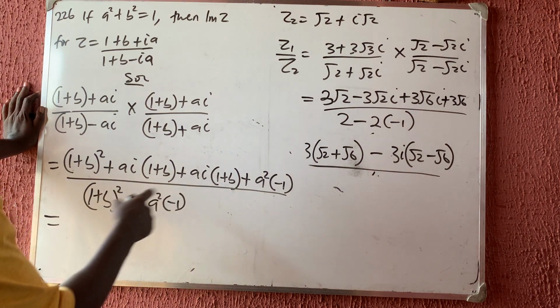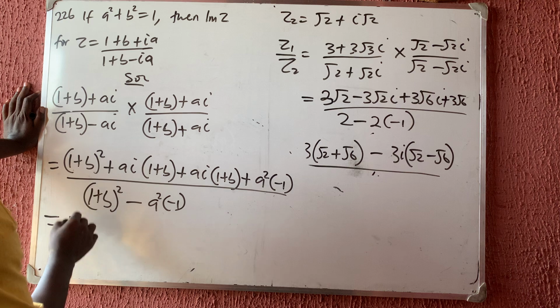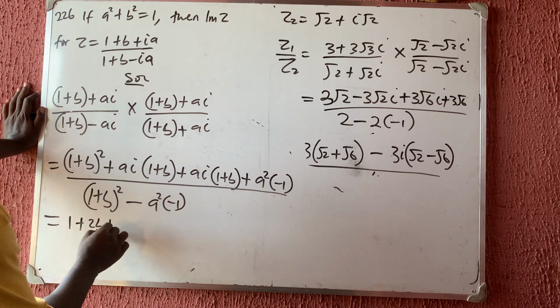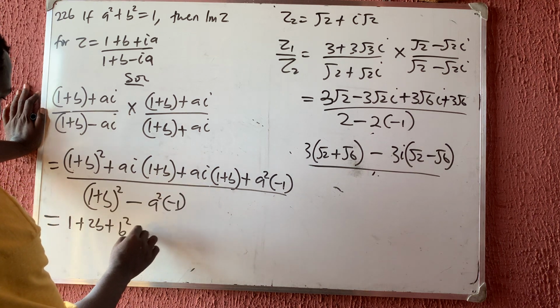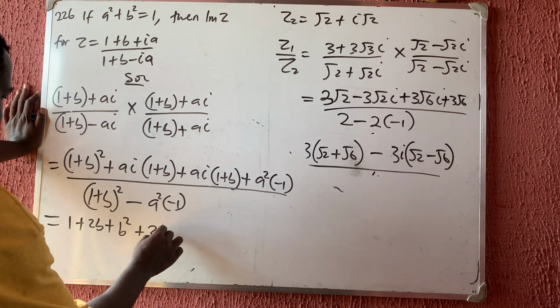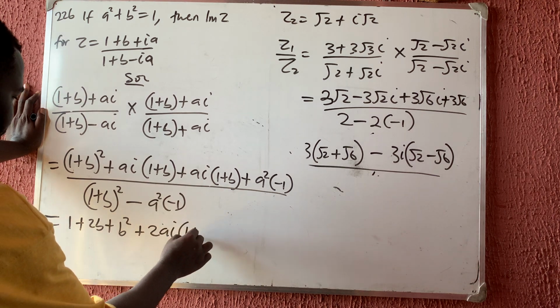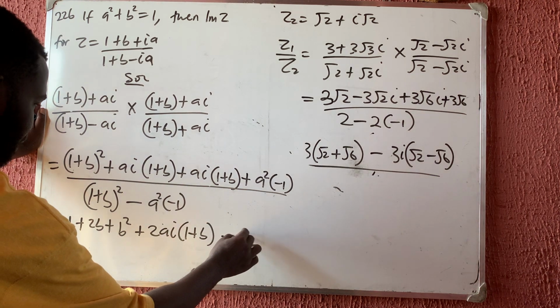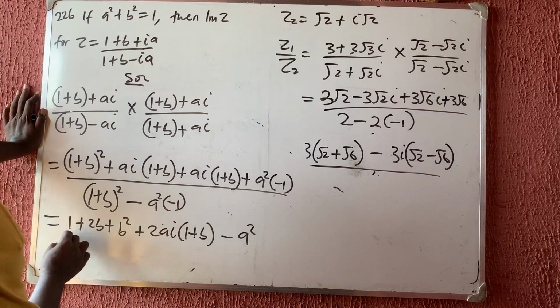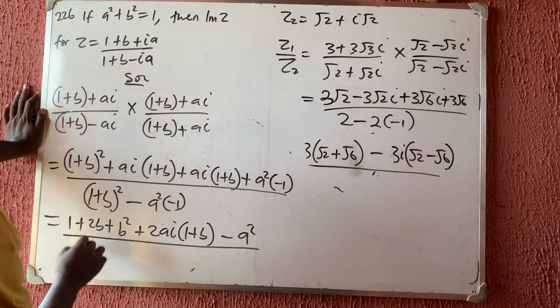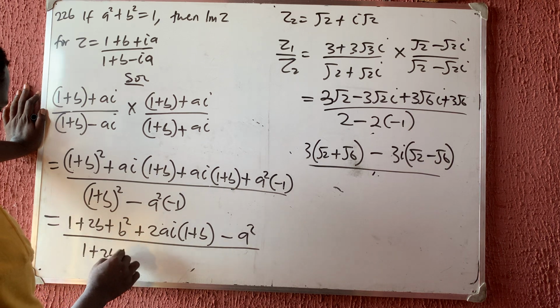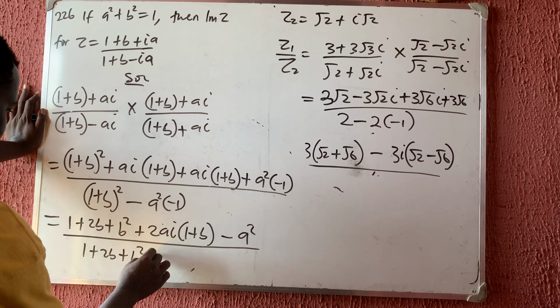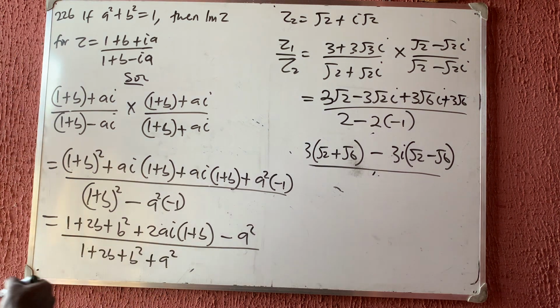If you clear this, square the first one, 1, multiply the first and second, double it, plus 2b, square the last one, b squared. This and this will give you plus 2ai into (1 plus b), then minus a squared, all over 1 plus 2b plus b squared plus a squared.